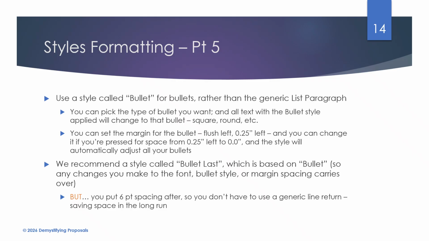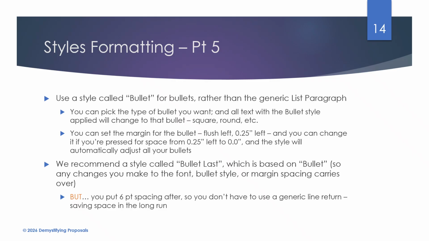And then if you've used the bullet style consistently across your document, one of the things you can do as you're pressed for space is change that 0.25 inches left to 0.0. It will make your bullet style go flush to the left margin, which can give you some more space. And it changes all of the bullets in the document at the same time. So that's the beauty of the bullet style.